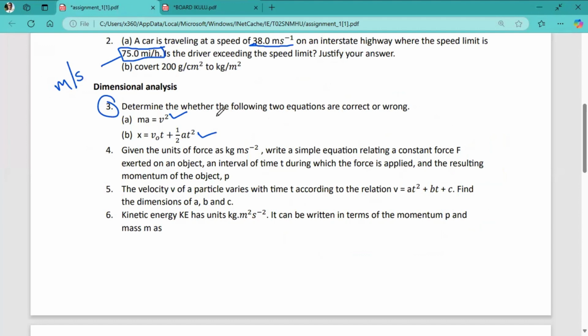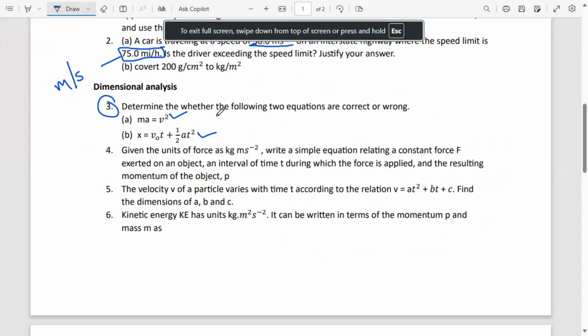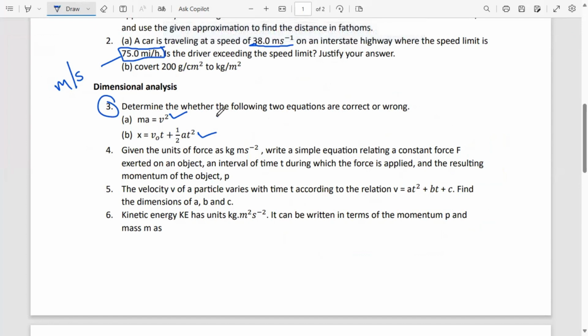Part B is saying x is equal to v initial multiplied by t plus half at squared. X, which is displacement, is equal to velocity multiplied by t plus half at squared.